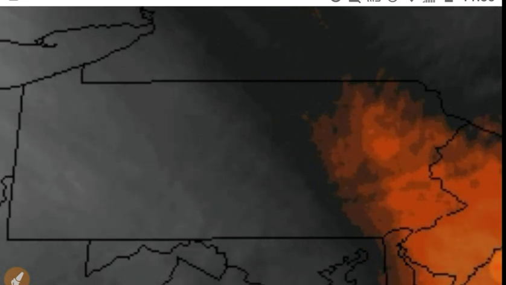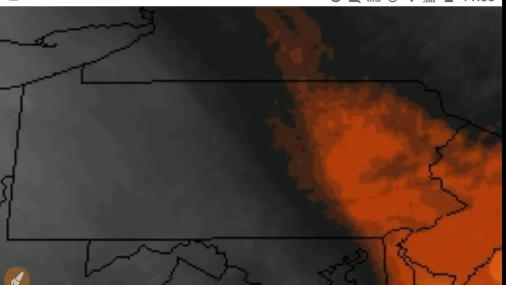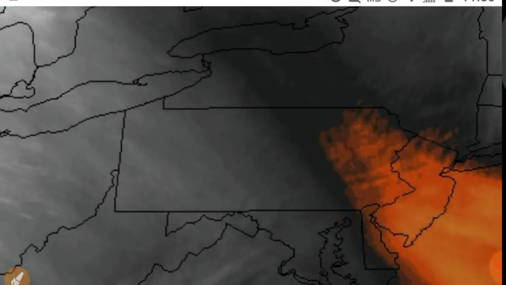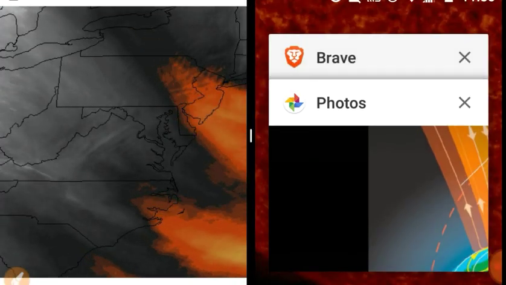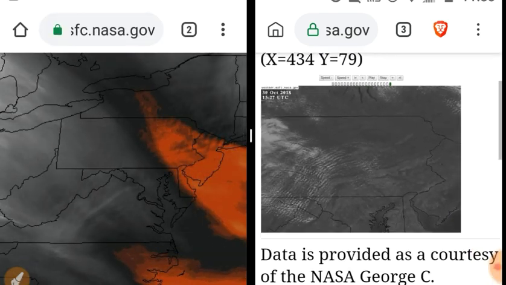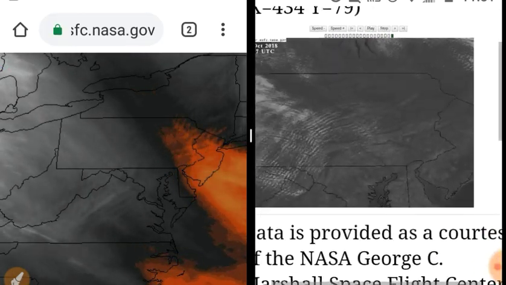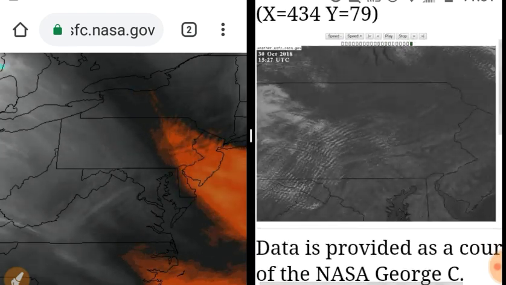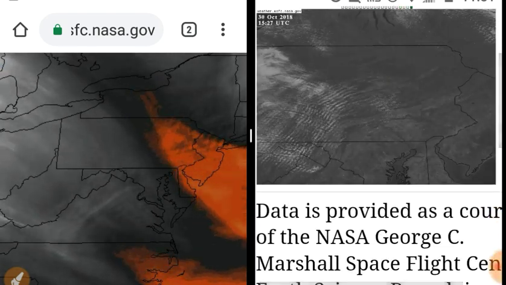Because when water vapor is not condensed on a cloud, it is invisible. And there you have the visible satellite. You got those herringbone formations in the sky. Those are caused by electrical fields.